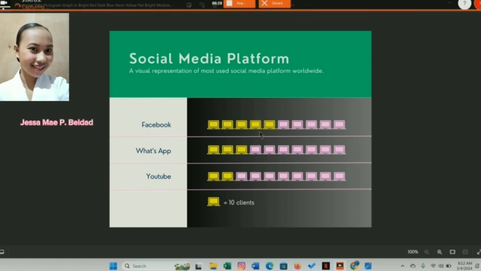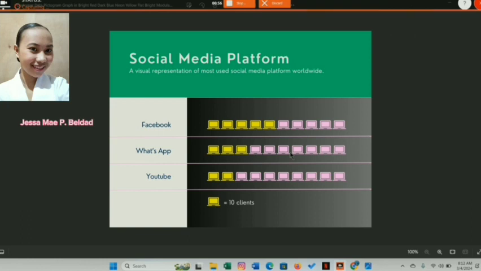The pictograph uses the symbols of a yellow computer to represent clients, and one yellow computer is equivalent to 10 clients. In a given pictograph, what is the most popular social media platform and how many are utilizing it? And what is the least popular social media platform and how many are using it?